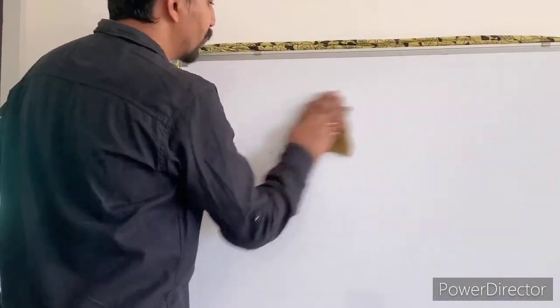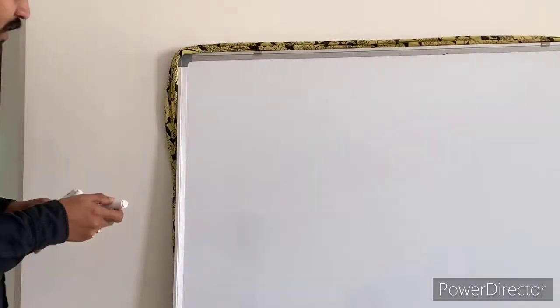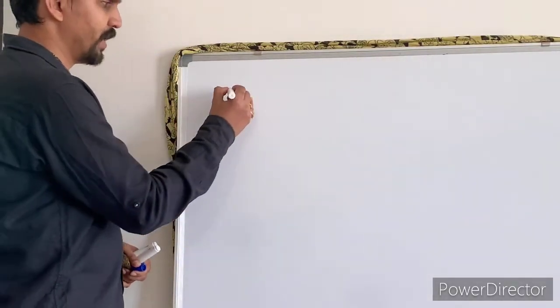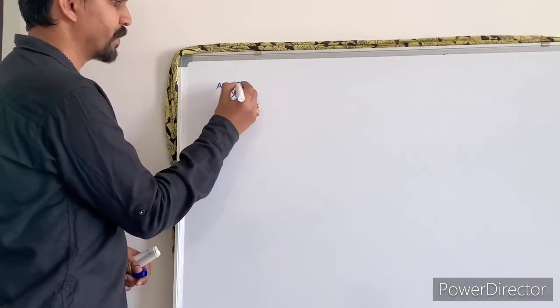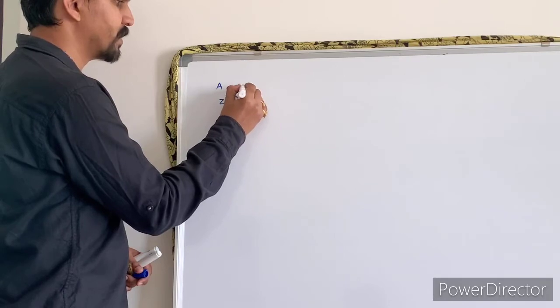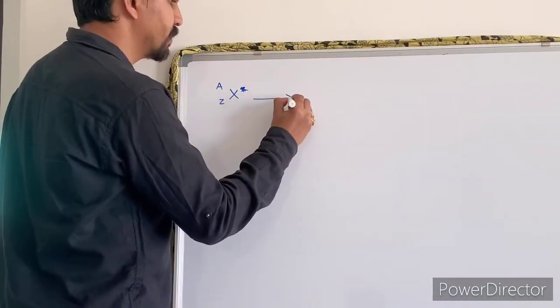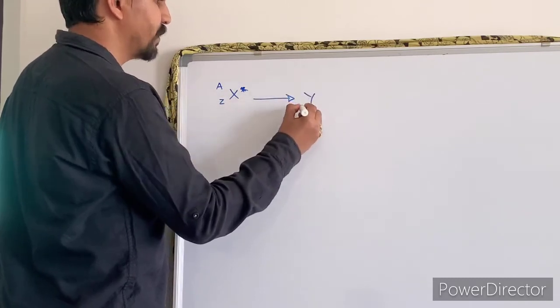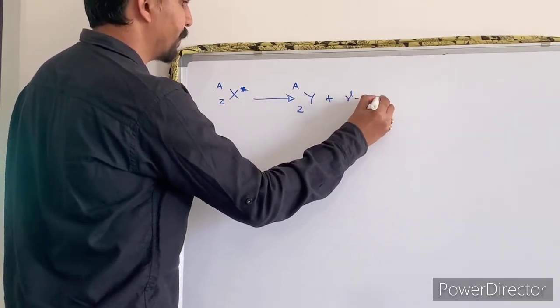Now we'll go with gamma. Now what is gamma? Over here you have X as a parent element, this is Z A. Here there will be an asterisk. This asterisk indicates that this is highly unstable. It becomes Y with the same Z A plus your gamma rays. Right?